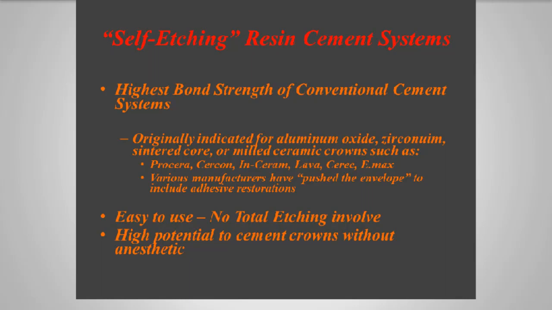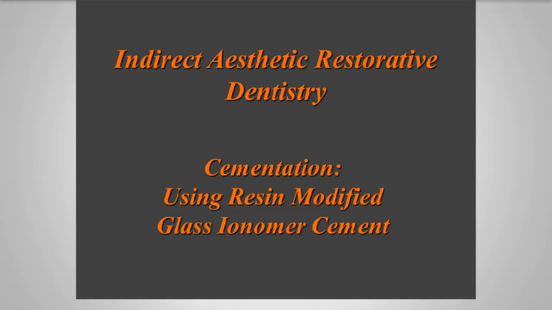But if you've got a situation where isolation is difficult, the environment is not ideal, and you want the highest bond strength, the self-etching resin cement can be used. So let's look at a couple of cases and highlight uses of some of these cements.